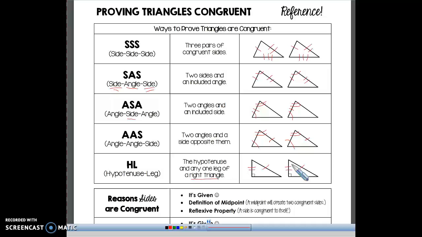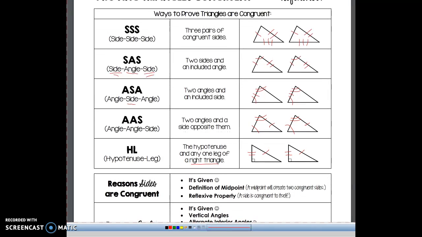Now, we're about to get into writing some more proofs with proving triangles congruent. So, a few reasons. This is kind of like a little checklist or a cheat sheet to help you with these proofs. So, some reasons that your sides would be congruent, if you're trying to prove sides congruent in your proof: it could be given information. We always like that. That's the easy part.